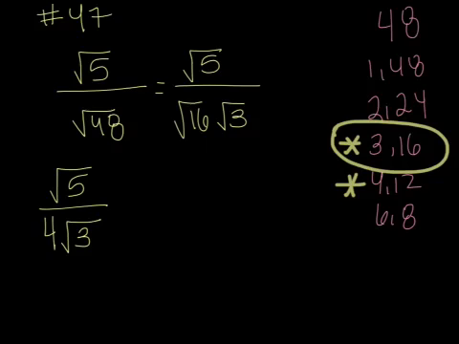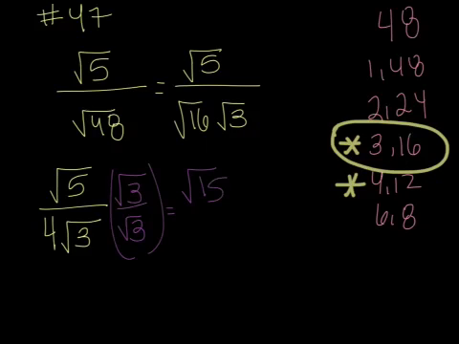However, we know that we can't have a radical inside of our denominator, so the next step is to multiply both our denominator and our numerator by radical 3. When I multiply the two radicals in the numerator together, we get radical 15.